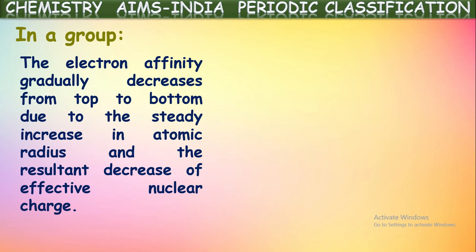So they cannot attract electrons as easily. So electron affinity will be less for those. As the size increases, electron affinity values decrease. So atomic size is inversely proportional to electron affinity, we can say simply. So in a group from top to bottom, atomic size increases and hence electron affinity values decrease.